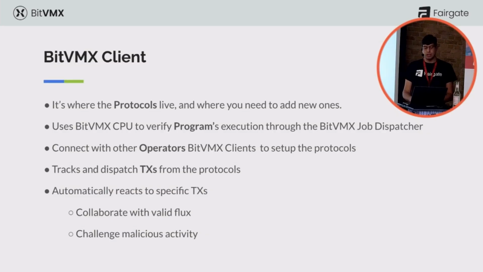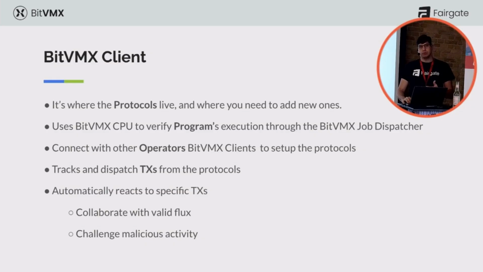We react to specific transactions, which allows us to collaborate with valid flows set up by the protocol, and it also automatically challenges malicious activity. So if for some reason bitbmx detects that someone is doing something that's out of the protocol, or if a challenge transaction is detected, it will react automatically.